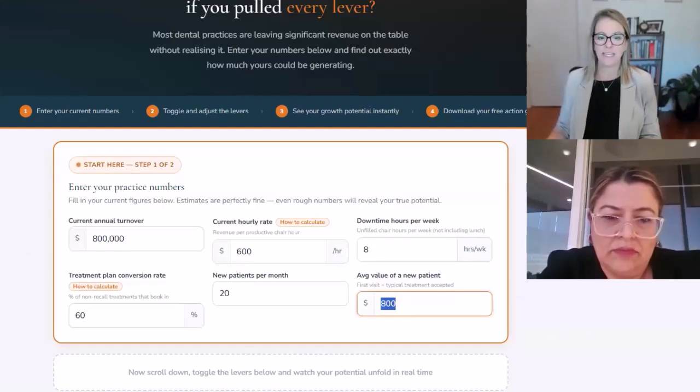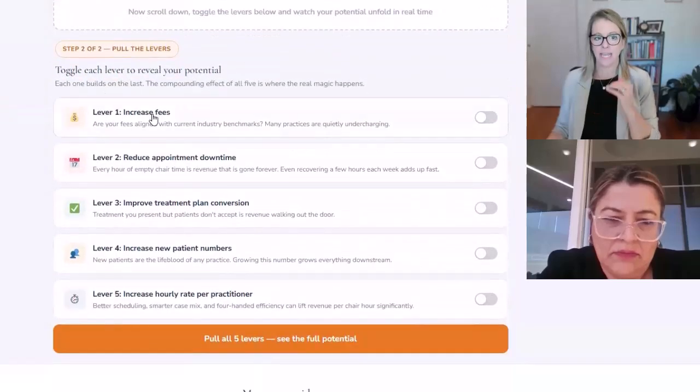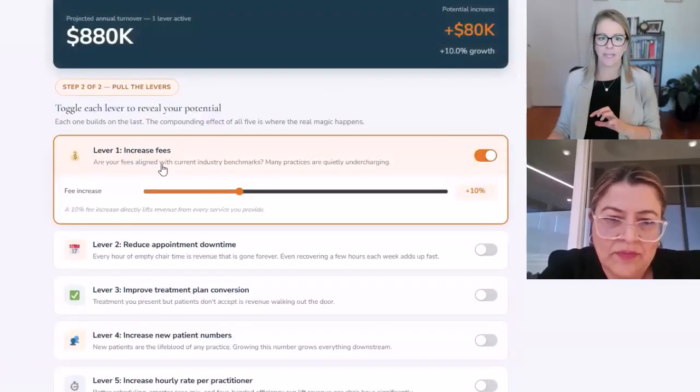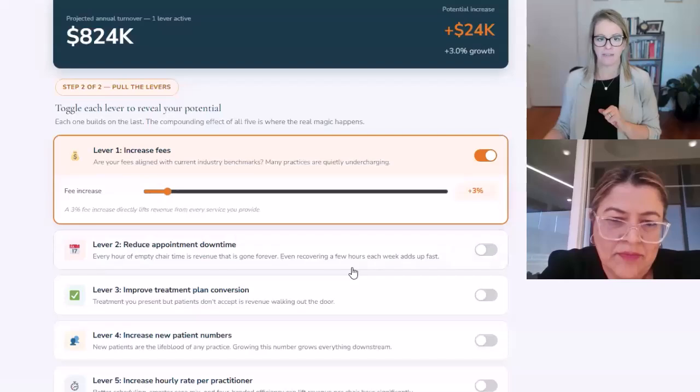Once you put all of this information into the calculator, then you go down into step 2, where you start pulling the levers. And if you are listening to this on the podcast, we really encourage you to go to the actual link so you can play around with this calculator yourself. So we're first of all going to increase the fees by 3%.